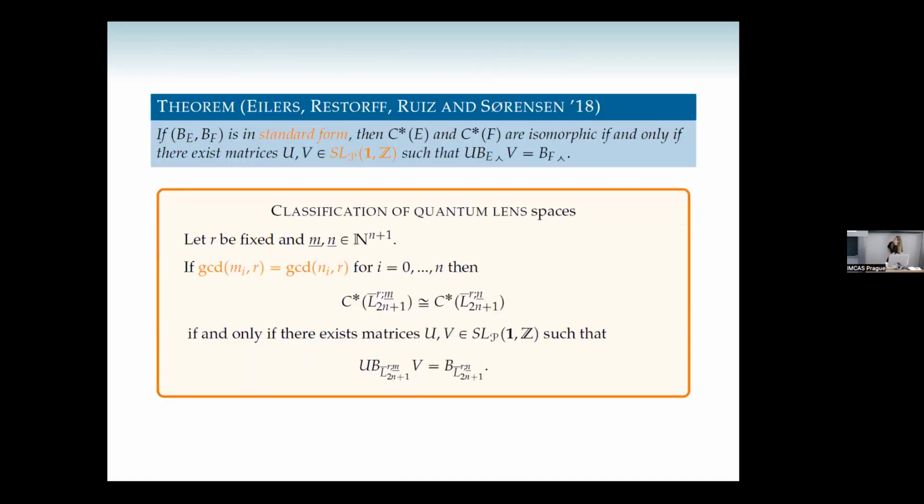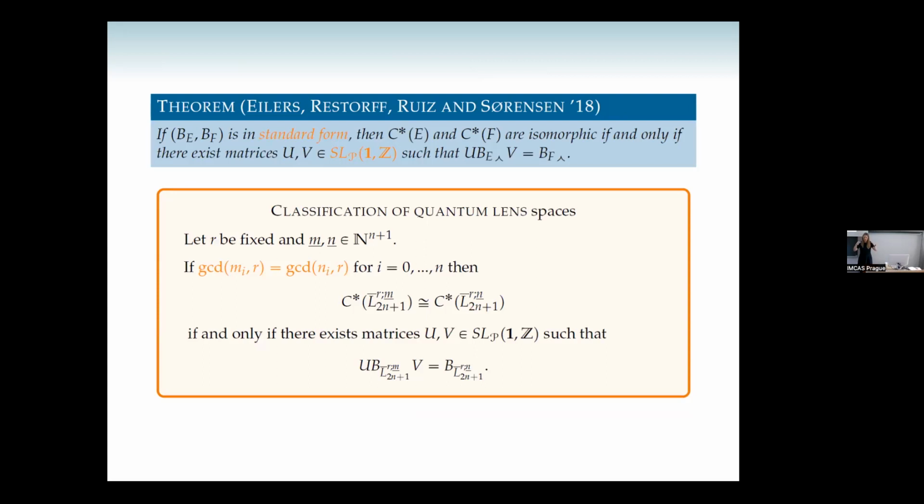Okay, so let's go back to the theorem, and let me translate the theorem into the setting of the quantum lens spaces. Being in standard form here boils down to having that greatest common divisor. If you have two graphs and you have the different levels, then you want to have the same number of vertices in each level, because otherwise the ideal structure cannot be the same.